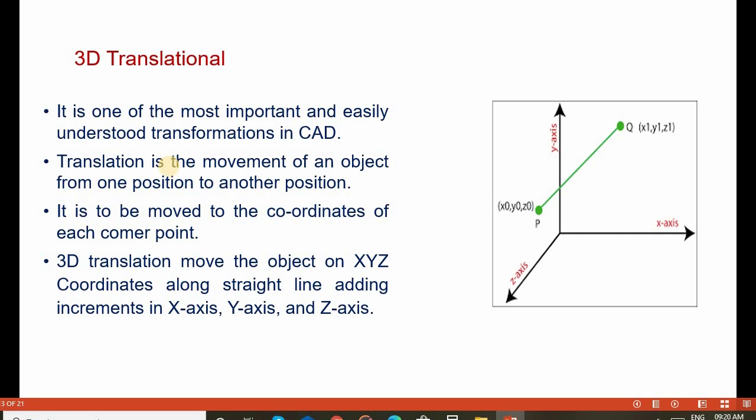It moves the coordinates of each corner point; each corner point can be moved. 3D translation moves the object along straight lines in x, y, z coordinates, adding increments in the x-axis, y-axis and z-axis. Earlier, in 2D translation, we added increments in the x-axis and y-axis only, but here we can add an increment in the z-axis also.